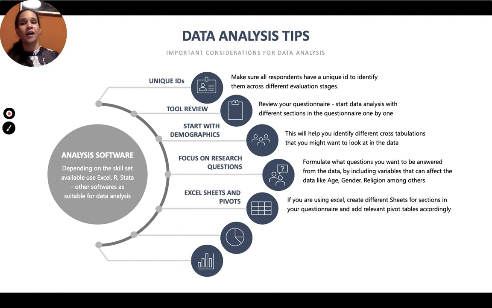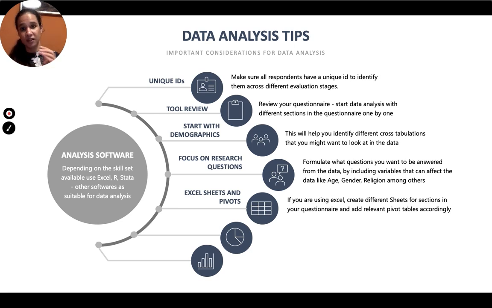The next is, we've already focused on our research questions while developing our tools, but ensure that the pivot tables you're making, or the data that you're analyzing, answers the research questions. Then you can have different variables included like age, gender, religion, but focus on the research questions.